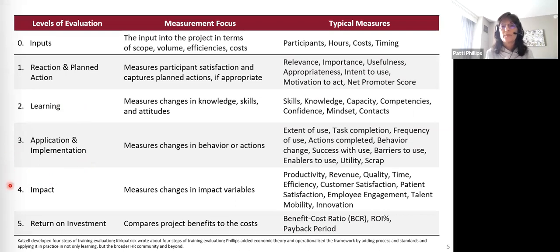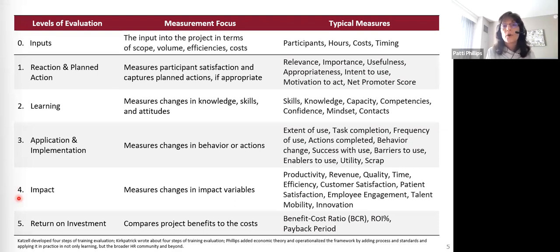Now, level 4, many of you are already doing this. Level 4 is answering the question, okay, so what? People are applying knowledge, skill, and information. So what? How is that improving measures of output, quality, cost, time, customer satisfaction, job satisfaction, work habits, and innovation? How much of that improvement in those KPIs is due to the program and not something else?